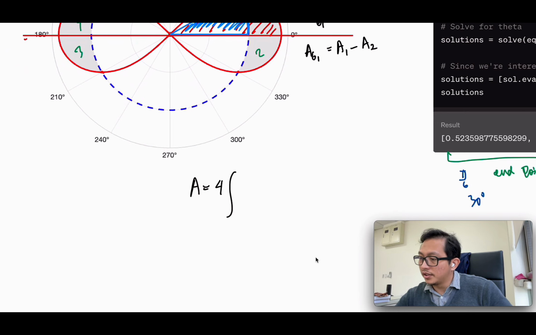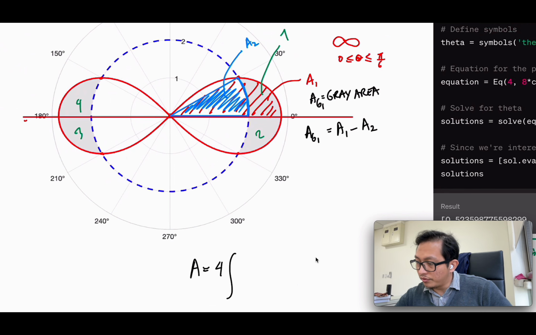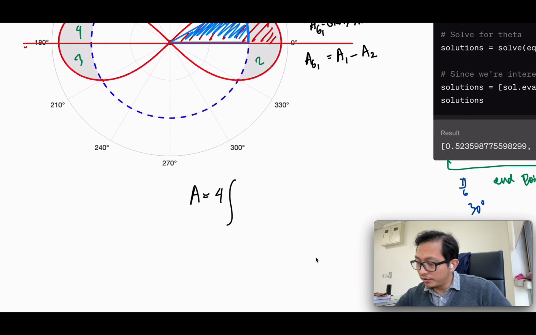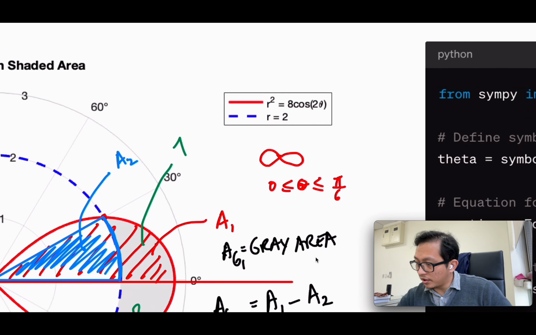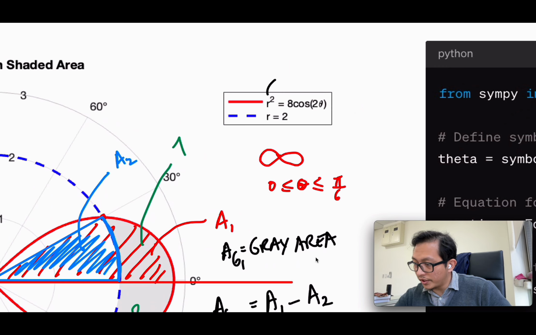This is from angle theta equals 0 to 30 degrees or pi over 6, so from 0 to pi over 6. And remember, the lemniscate is already squared, so we don't need to square the equation.